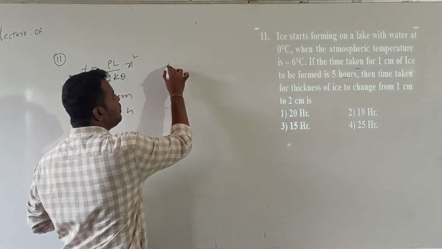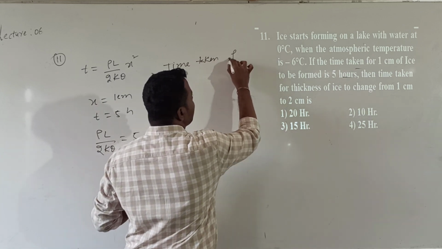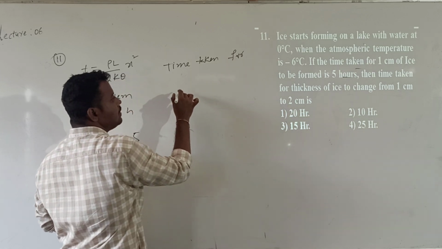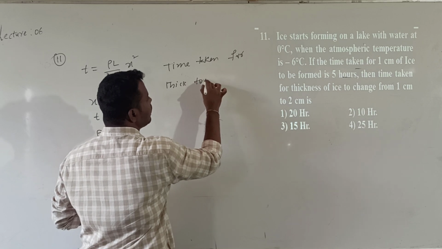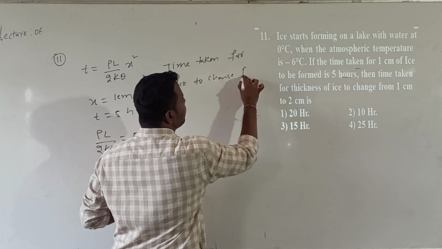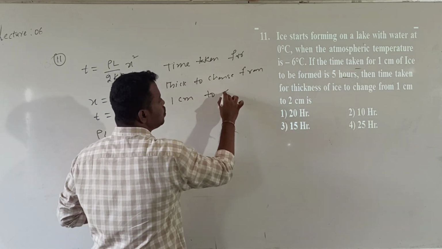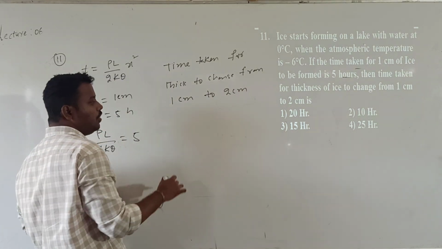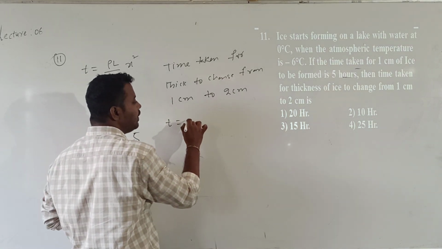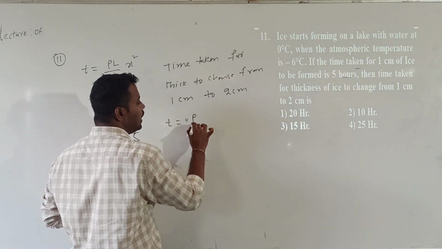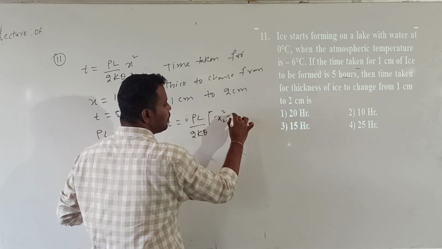They are asking the time taken for increasing the thickness from 1 centimeter to 2 centimeters. The formula for the time taken to increase the thickness from x1 to x2 is given by rho into L by 2 into K into theta into x2 square minus x1 square.